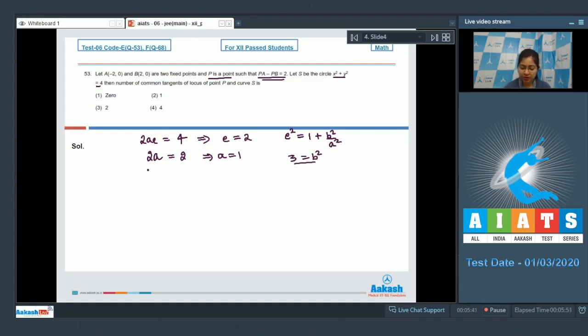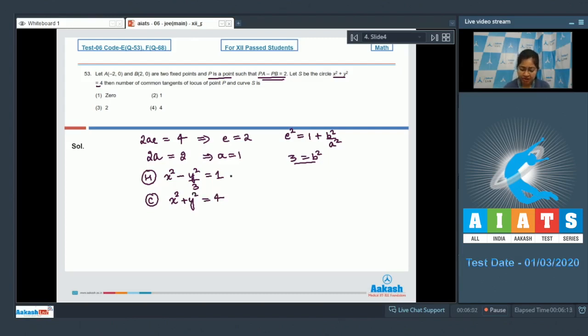So our given hyperbola is x square upon 1 minus y square upon 3 equal to 1. This is the required hyperbola, and we are given the circle also, that is x square plus y square equal to 4. Now we have to find the number of common tangents of both of these.